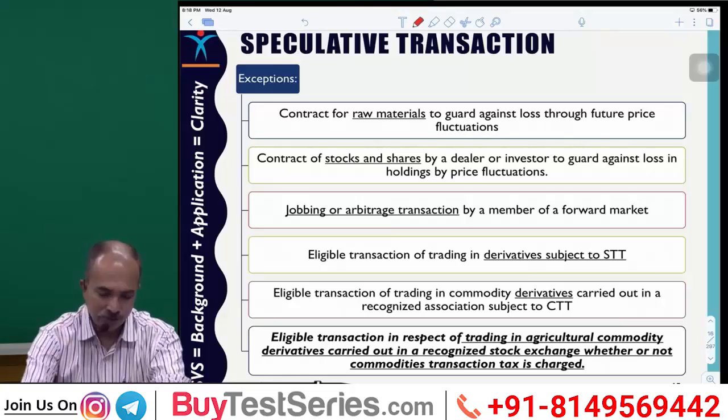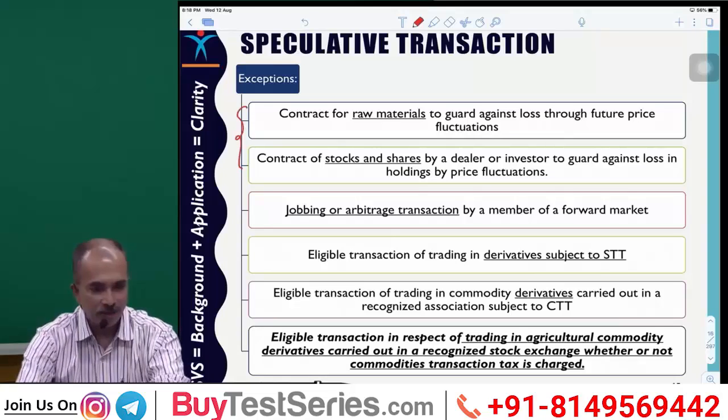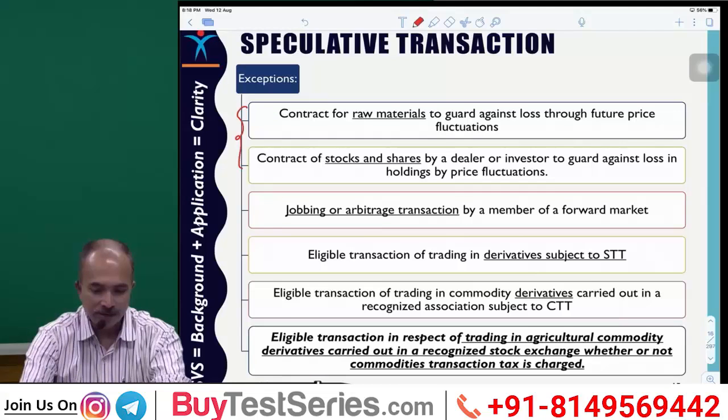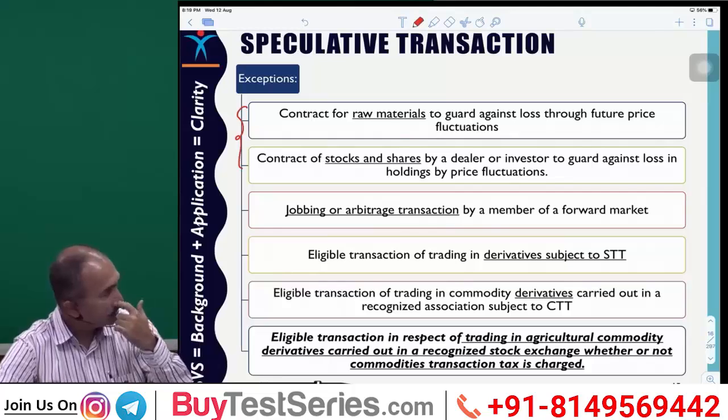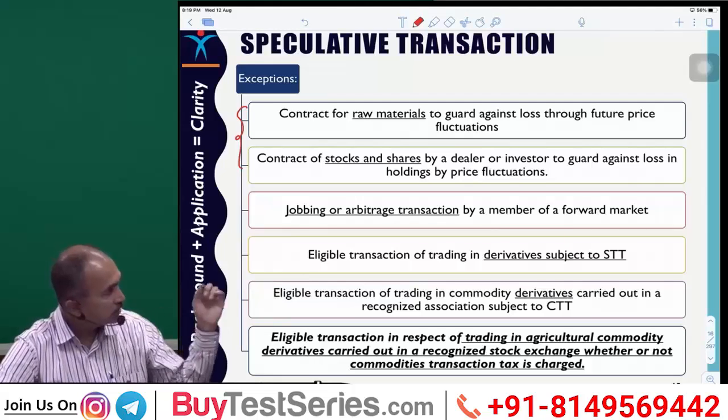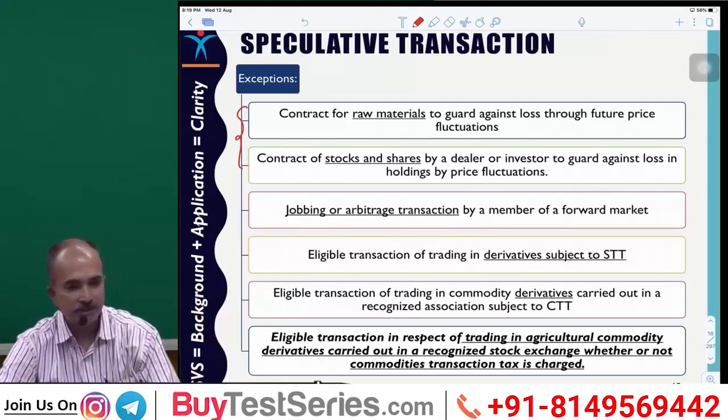Let's read the first 2 together. Read them carefully. Contract for raw material to guard against loss through future price fluctuations. Contract for shares, stocks by a dealer or investor to guard against loss in holdings by price fluctuations.